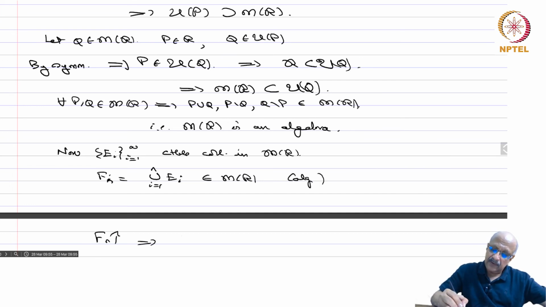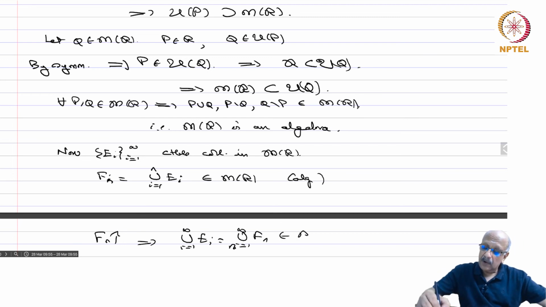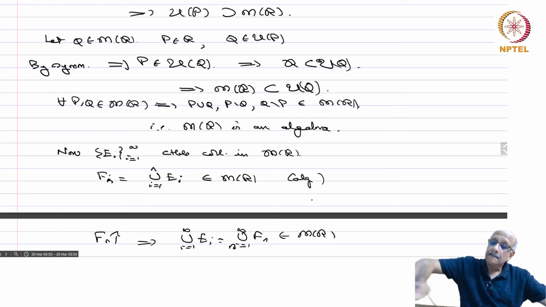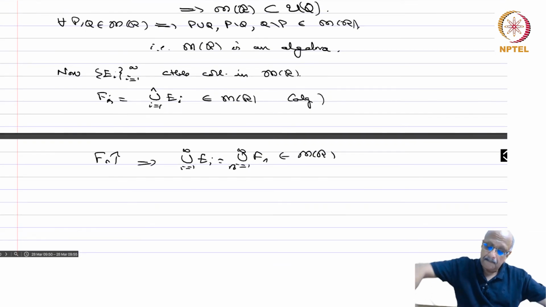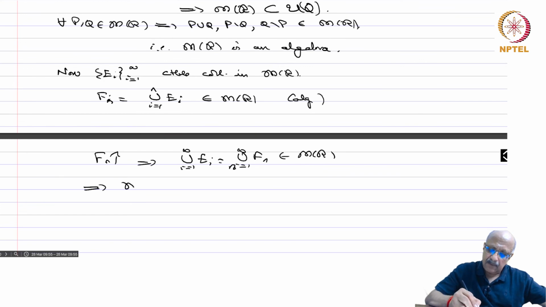This implies the union i equals 1 to infinity of E_i equals the union n equals 1 to infinity of F_n belongs to M of R. So this implies that M of R is a sigma algebra.